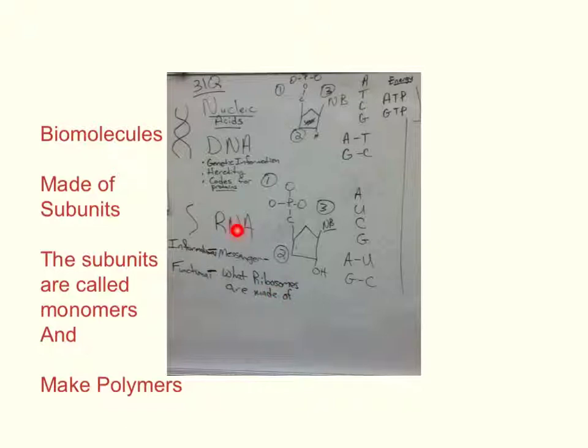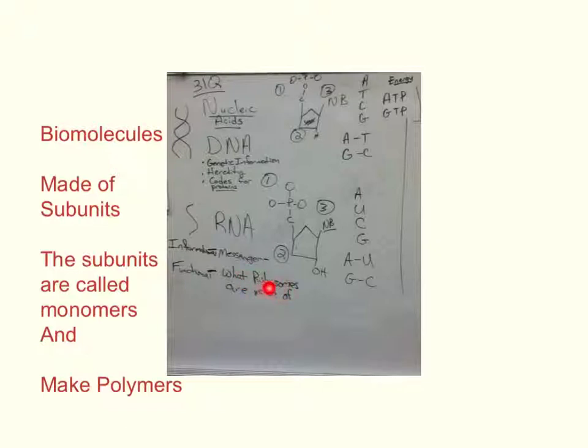So when you're looking at RNA, it has an informational function, but it also actually functions as an enzyme in the cell. So it's not just informational, but it's also functional.